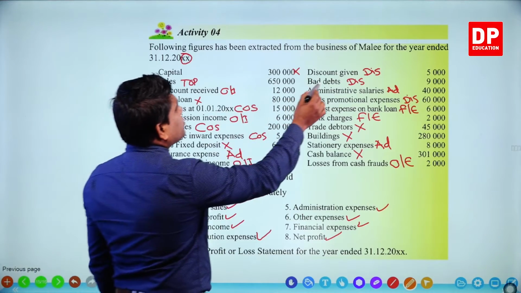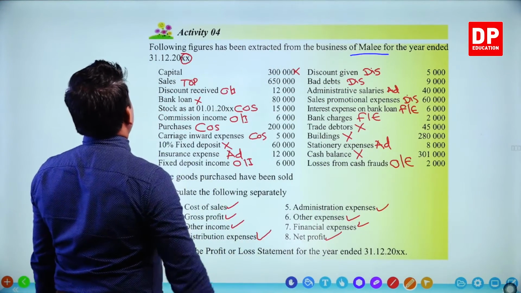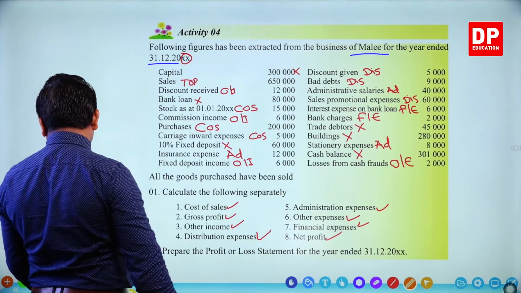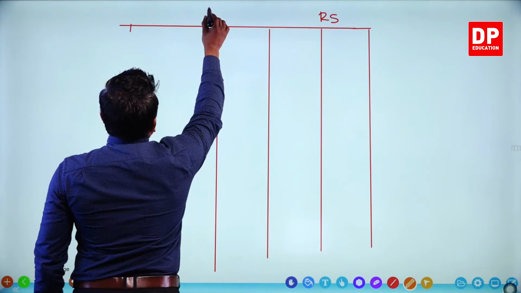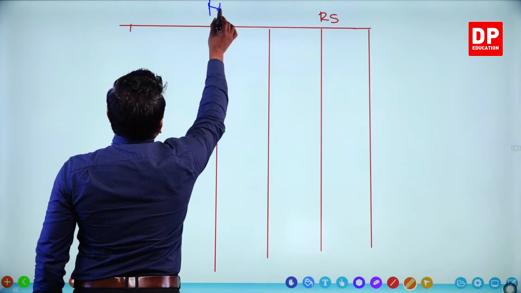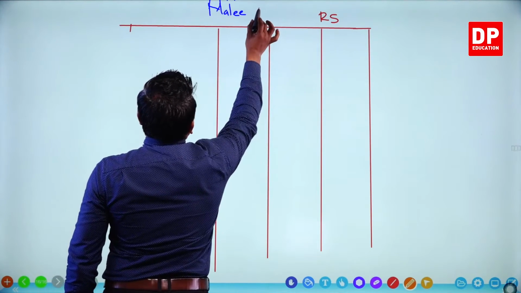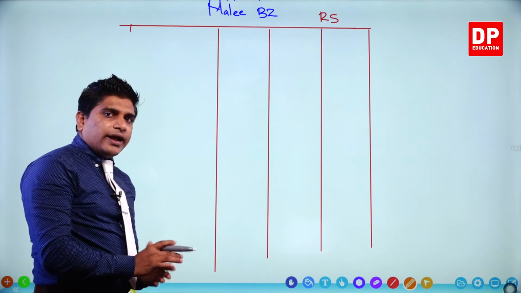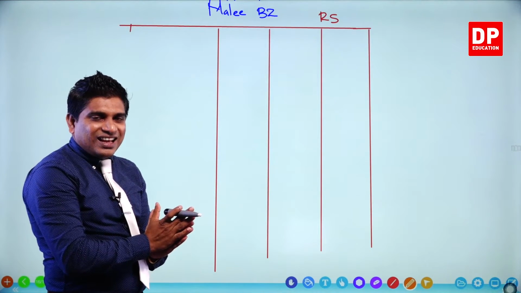Extracted from Mali's business, so Mali business, year ended 31st December. Here you write Mali business. I use short words here, BZ means business, but you don't write BZ, you write business. Mali's business.